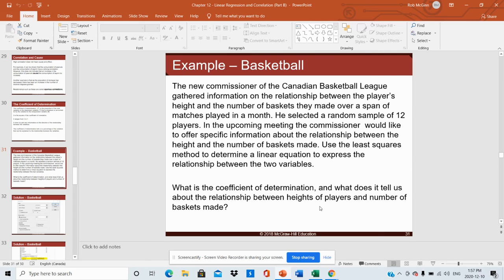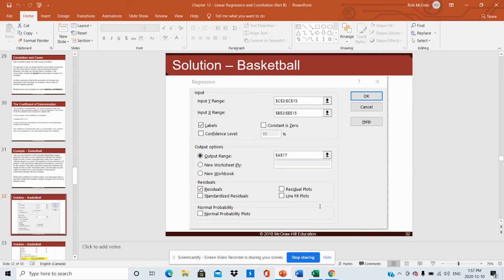So our basketball example, once again, if you haven't created the table, just make sure that you go data, data analysis, regression, get this dialog box, make sure it's filled out, hit OK. That'll give you your regression analysis table.